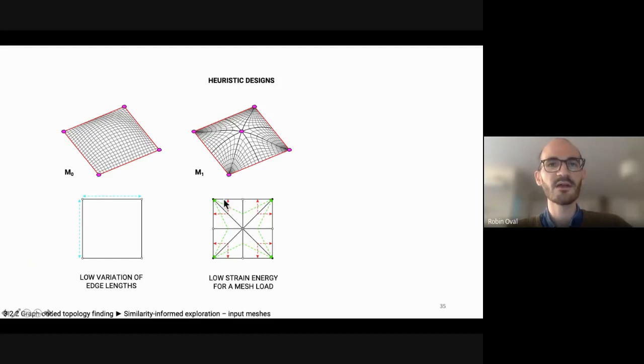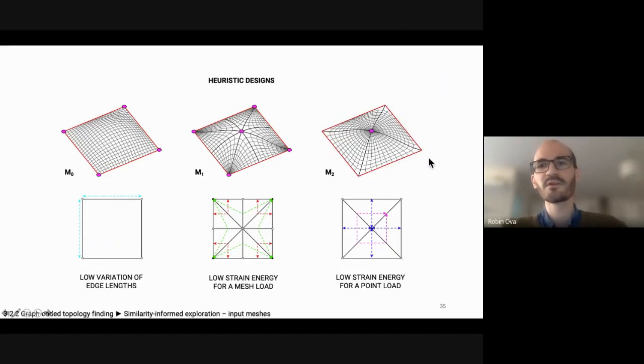So that's another coarse quad mesh that will heuristically, I imagine, have a low strain energy for mesh load. But because you also have to take into account the point load, here you have this pole point that will provide many load paths, so many beams to carry the point load toward the support, and hopefully get a low strain energy for this load case.